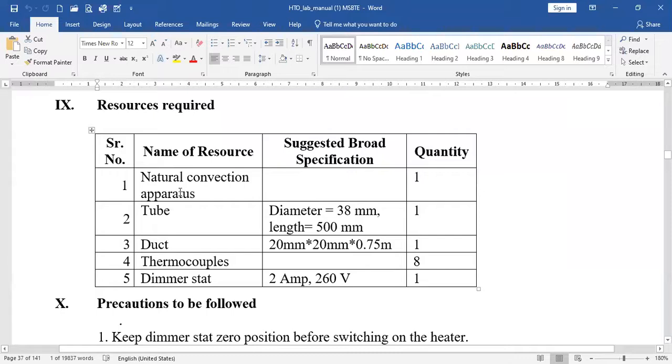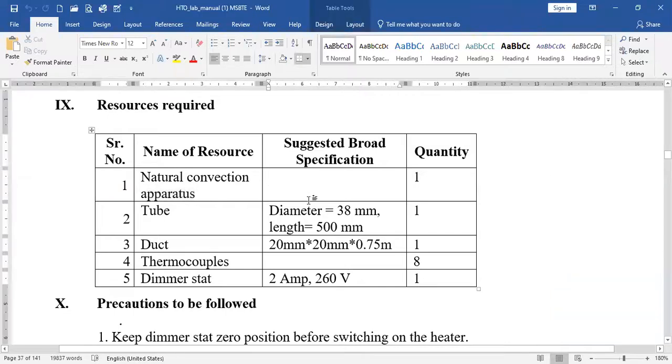Now the resources used for this natural convection or free convection apparatus setup, the apparatus as per the ASTM specification, then one tube is required. Normally it is a copper tube having diameter 38 mm and length 500 mm. These dimensions may vary if your experimental setup is different.